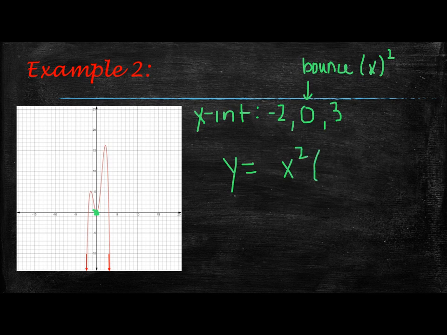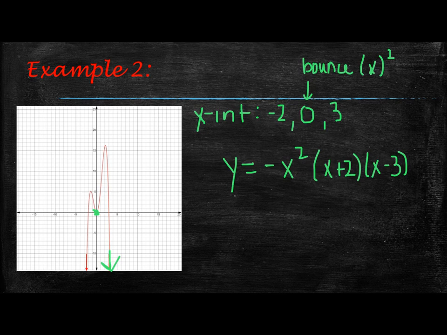Then the next two we can write in any order. So x plus 2 and x minus 3. Then we want to look at that right side, and on the right side it is going down. Therefore, our leading coefficient is going to be that -1, so we can just put the negative there.